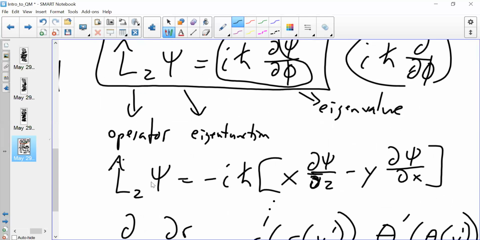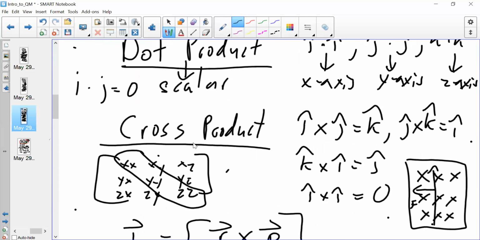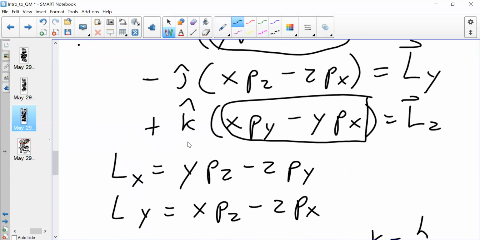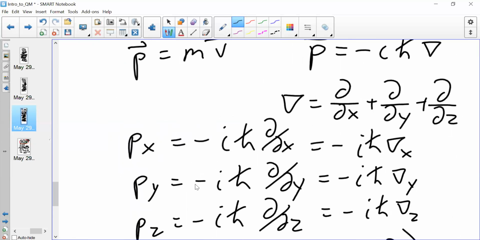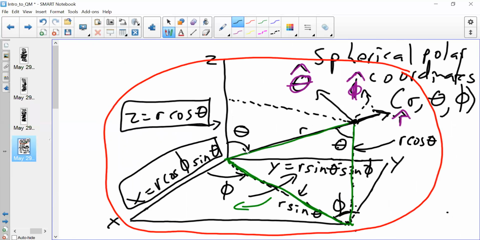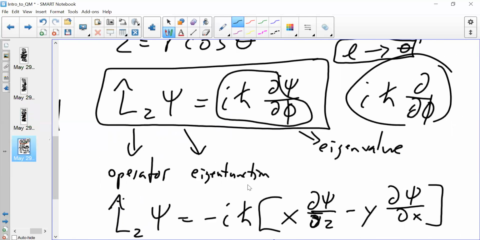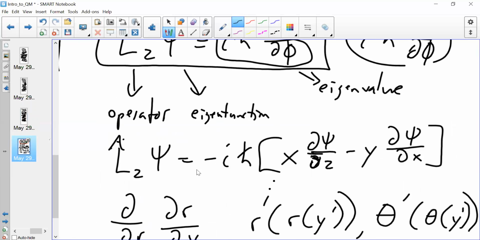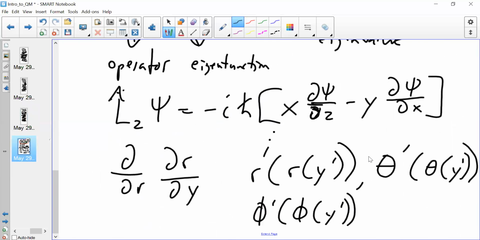Because we saw that LZ itself is negative i h bar x del del y. And so we just put the psi in there. Okay, that's all we're doing. It's negative i h bar x del del z with the psi, minus y del psi del x.